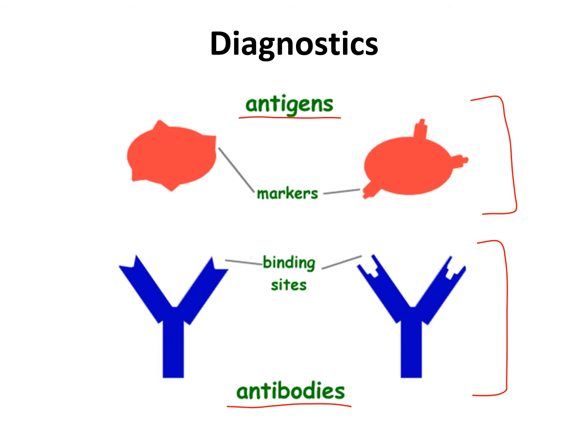So flu strains, you may have heard different names for different flu strains. One is H1N1, and the H and the N indicate different antigens that you find on the surface of the virus. So there's H1N1, and then there's H2N2, H3N3. So there are all sorts of different antigens that you find on the surface.